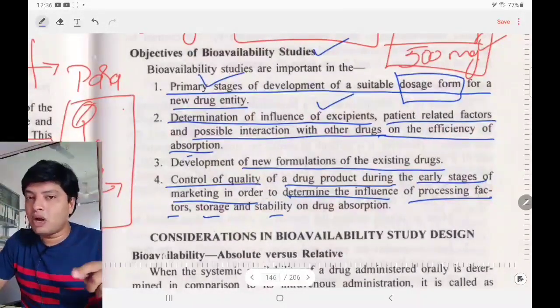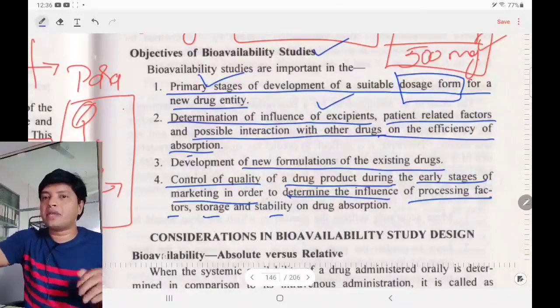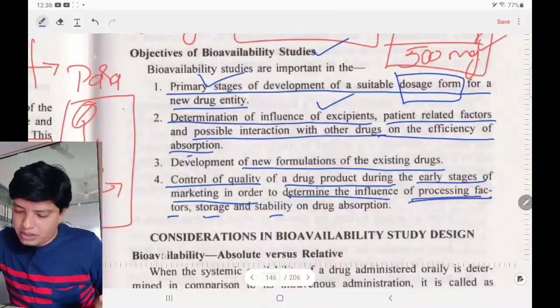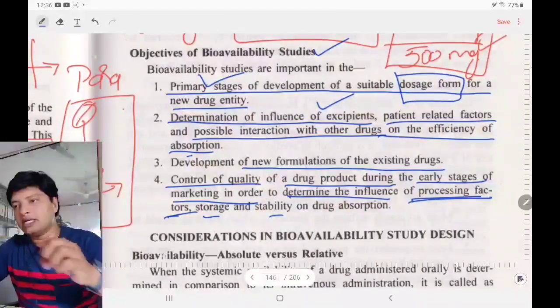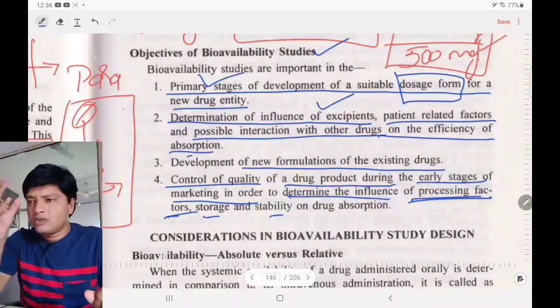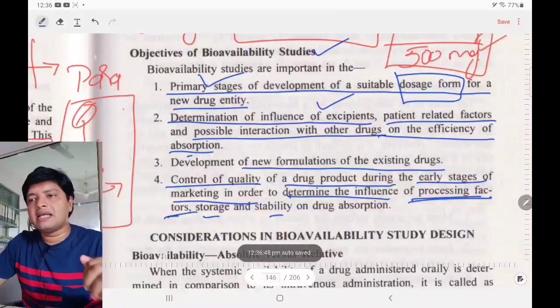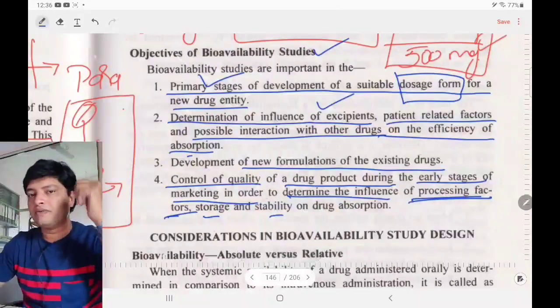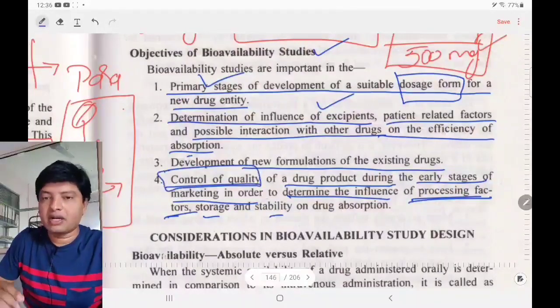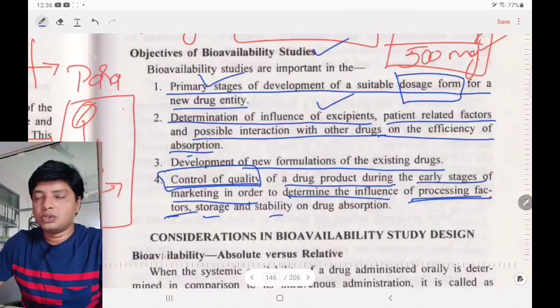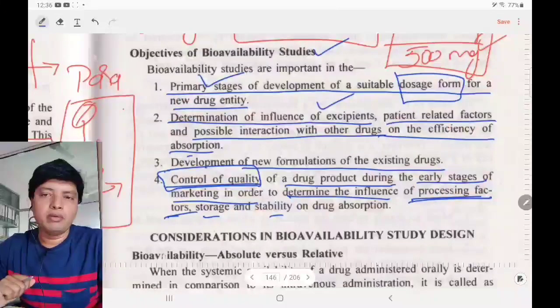Quality of the drug means what? Let's say I am using some processing factor, I am mixing something, I am heating there. What effect does that processing factor have on drug absorption, or you can say stability, or quality control of the drug? To know that, I need to conduct a bioavailability study also.